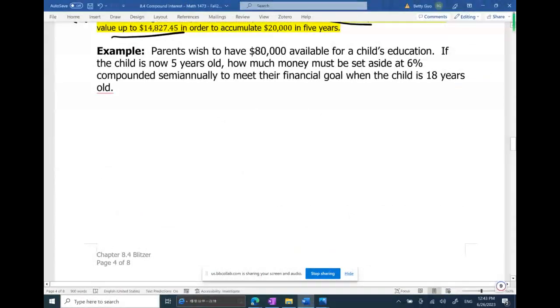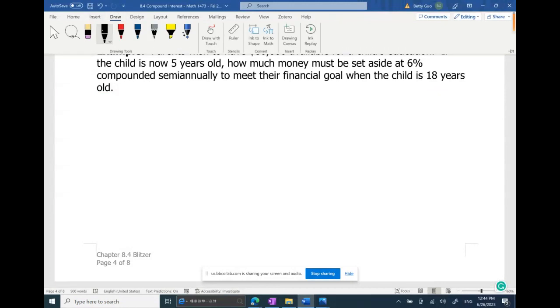Parents wish to have 80 grand available for a child's education. If the child is now 5 years old, how much money must be set aside at 6% compounded semi-annually to meet their financial goal when the child is 18 years old? All right, so let's sort our information.